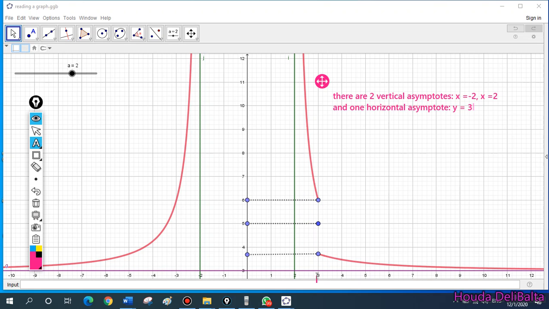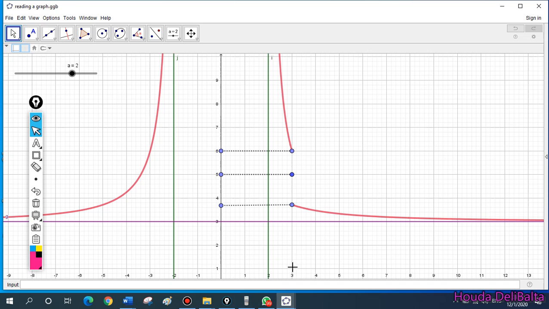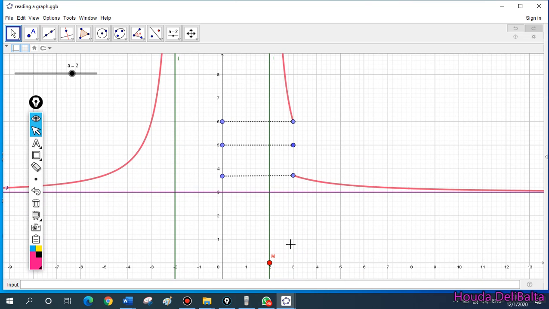Okay, so after we talked about the asymptotes, the limits at infinity, the limits at the roots of the denominator, and the horizontal and the vertical asymptote, we are now going to talk about the discontinuity of this curve or this function at 3. Let's look here.